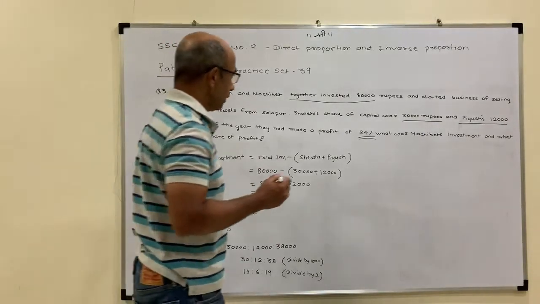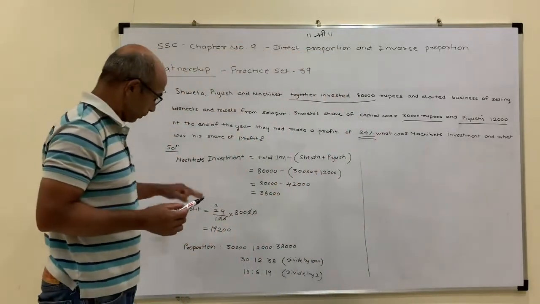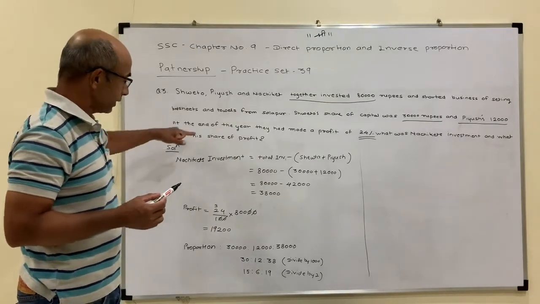Now we solve the rest part of the fourth part of the problem, where we are trying to find Nachiket's investment, Nachiket's profit.